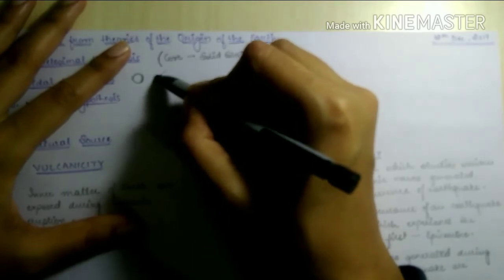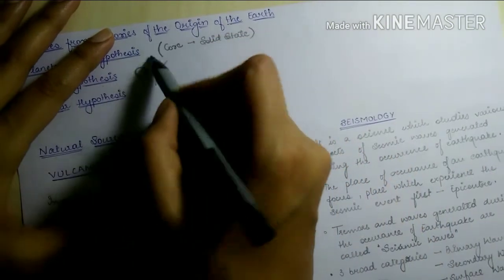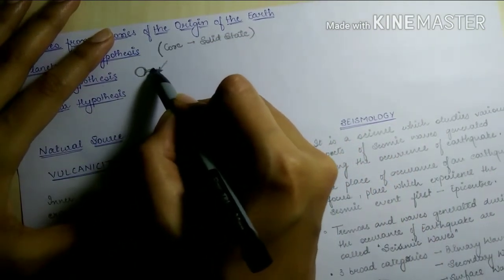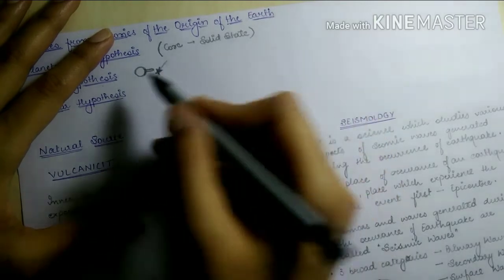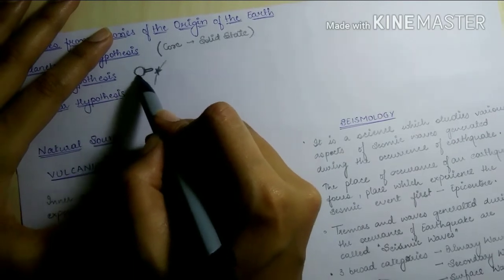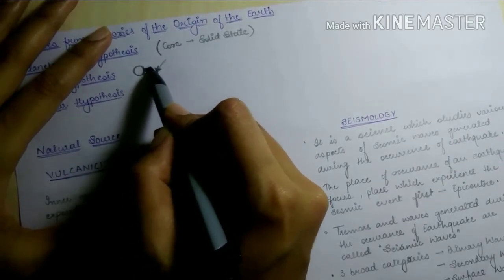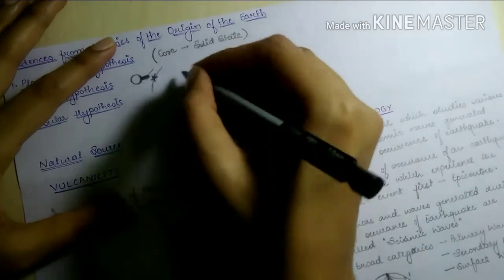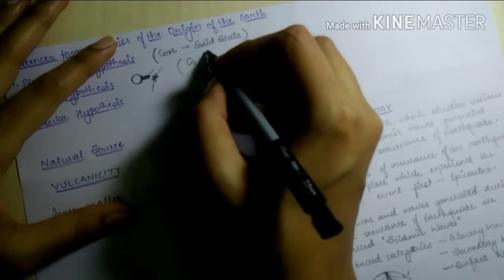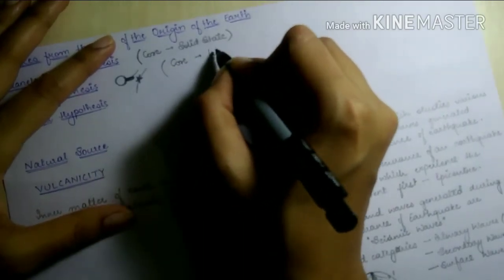Because of this approaching star, due to its gravity, a small part was ejected out of our primitive sun, which formed the planet. This part was in liquid state. So hence the core of the Earth should be in liquid state.